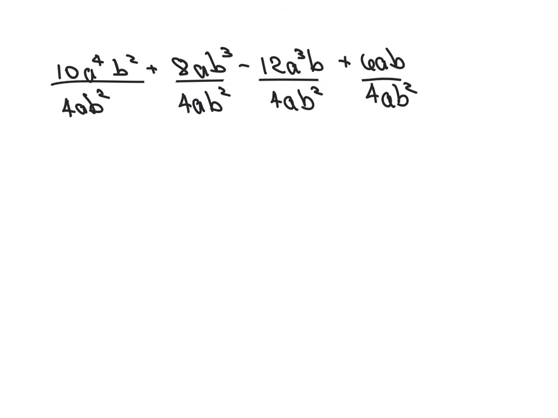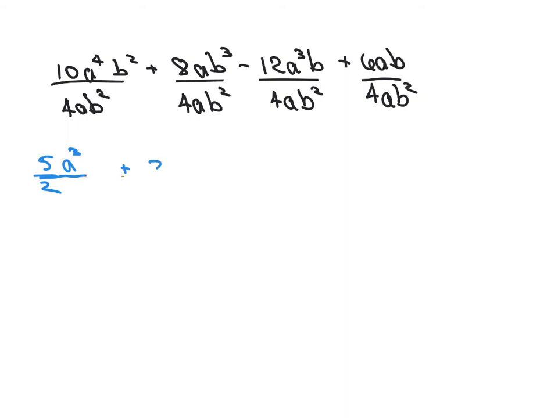Makes it a little bit easier for me to erase than most people. Okay, so 10 over 4 is actually 5 over 2 if you were to reduce that fraction. a to the fourth over a is a cubed. And b over b squared, that goes away. So that's all we have in that first term.